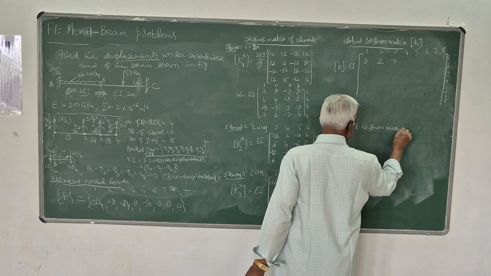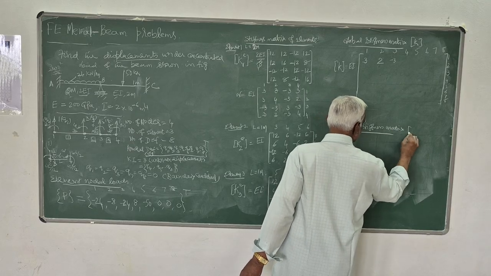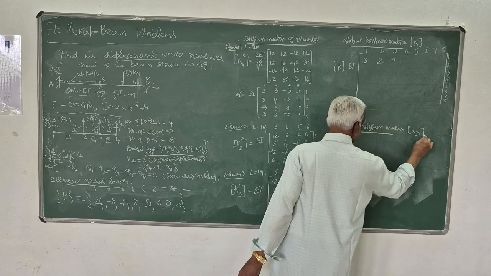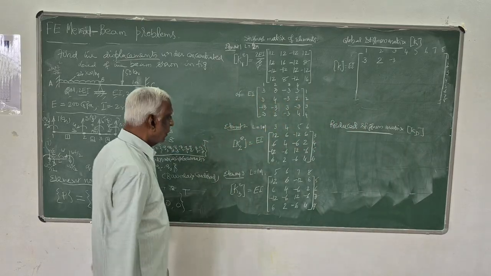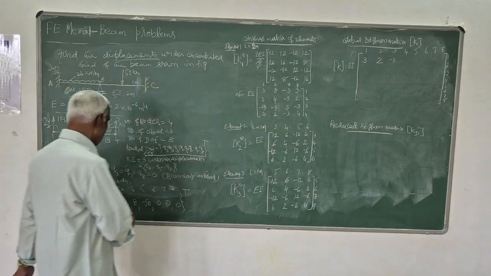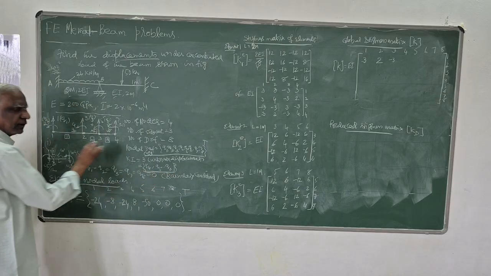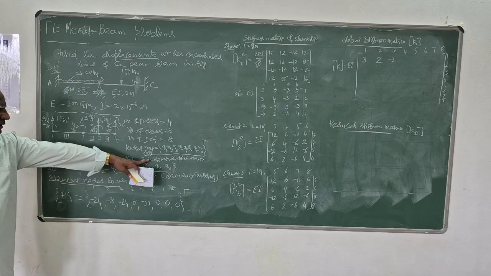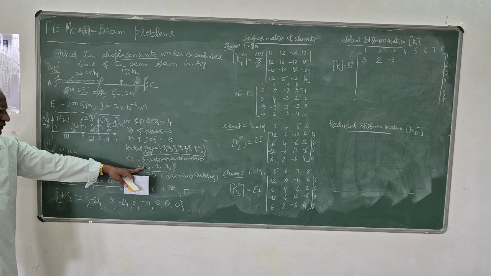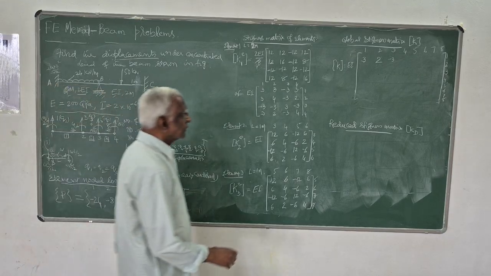That is called KD. That is corresponding to unknown displacements, which is corresponding to kinematic indeterminacy, Q4, Q5, Q6.